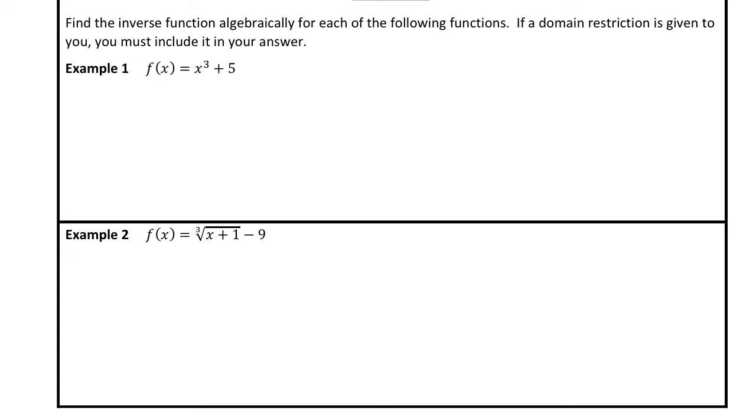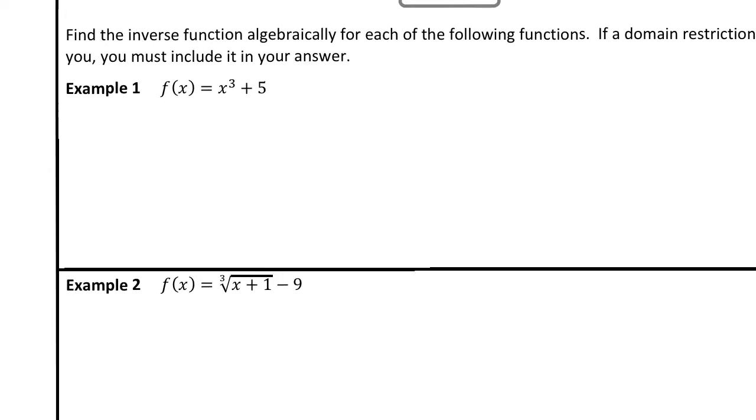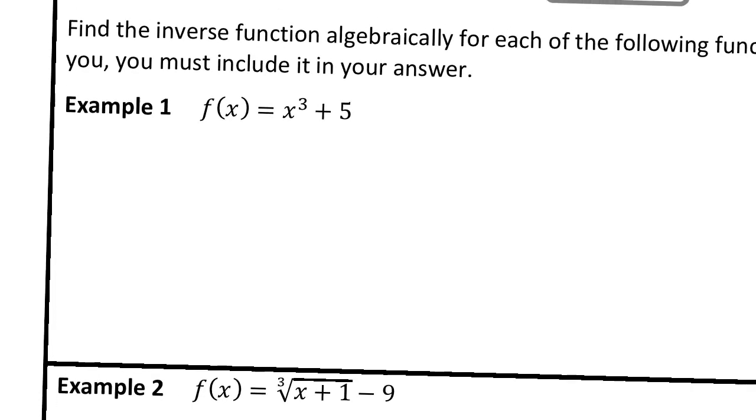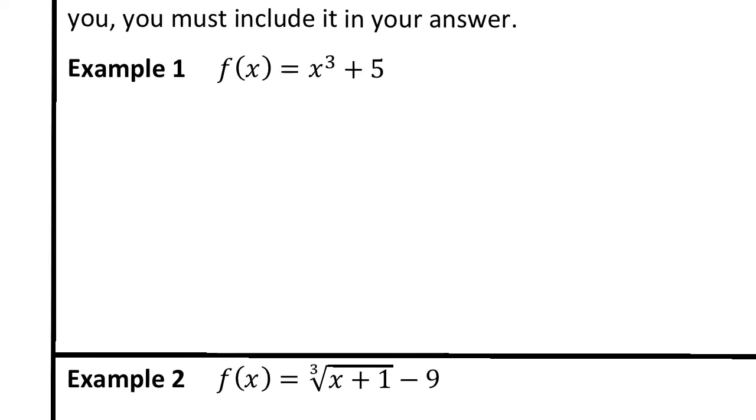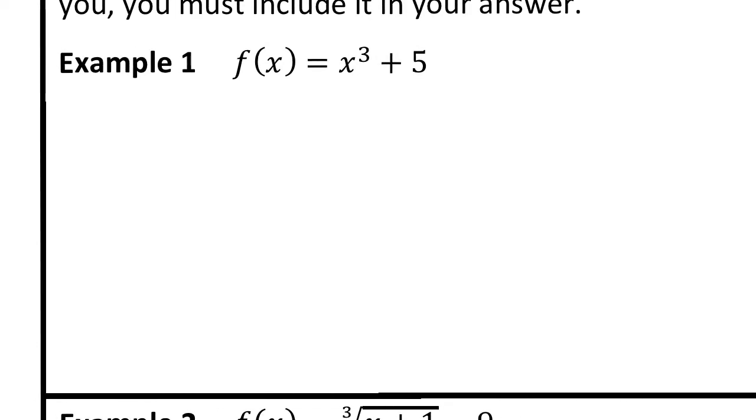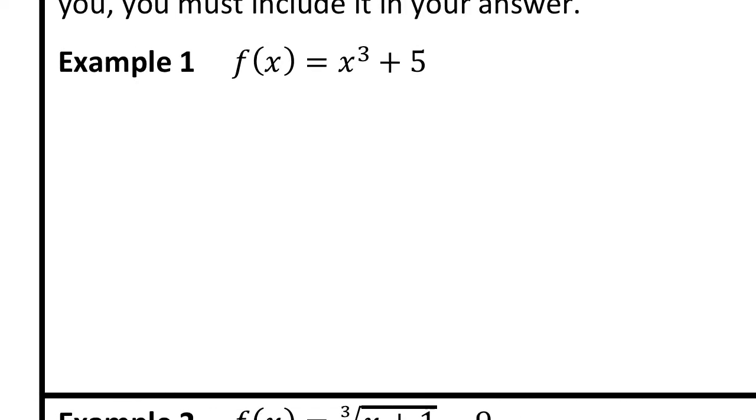Let's see. I'm going to zoom in again, because we know what we're doing from the last class, but I just want to make sure I have the space to write. And also you can see what I'm doing. So step 1, change f of x to y.